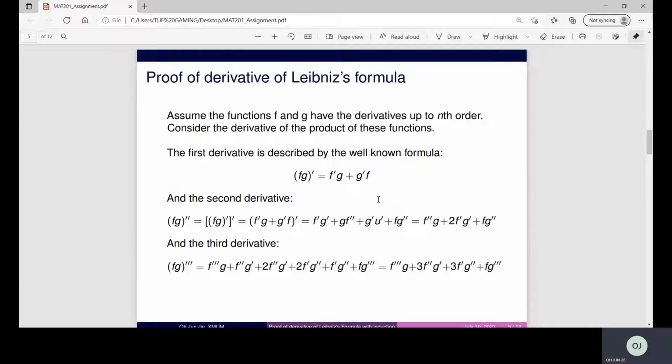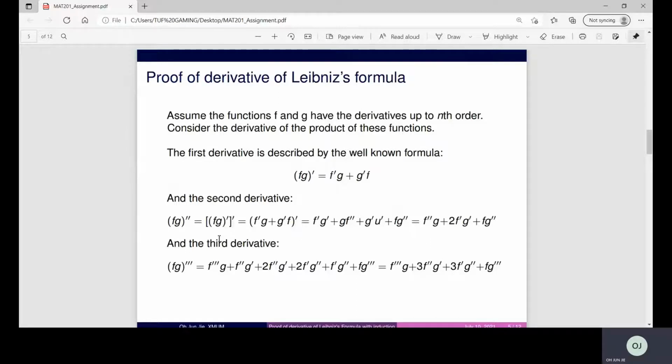Now we assume the functions f and g have derivatives up to n-th order. Now consider the derivative of the product of these functions. The first derivative, we know, is f prime g plus g prime f. And the second derivative, we can plug this equation into this equation and differentiate one more time.